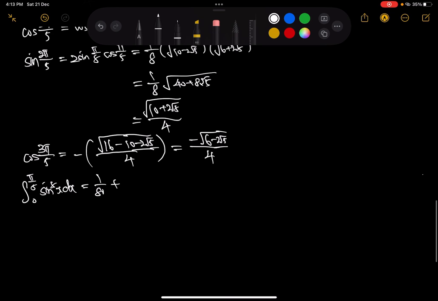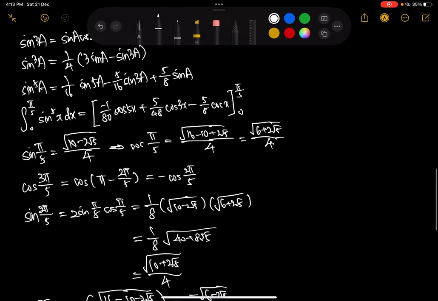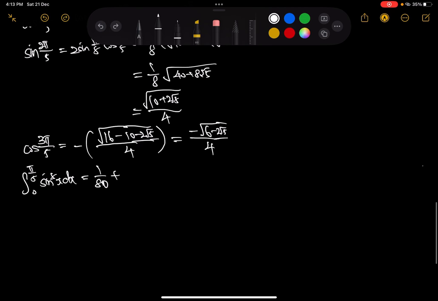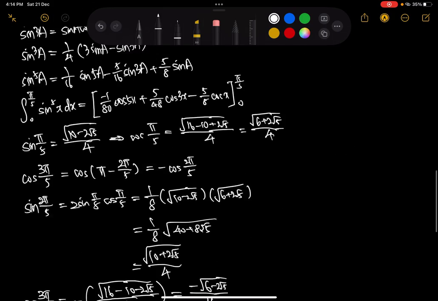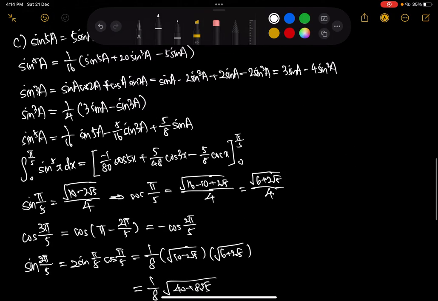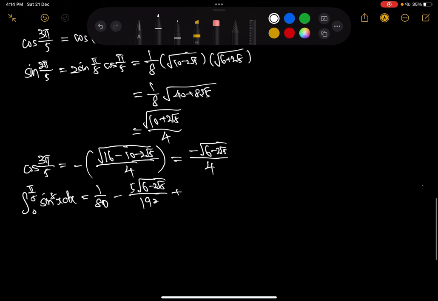So 5 over 48 times this, 48 times 4 should be 192. So we have 5 root 6 minus 2 root 5 over 192 plus, is that plus or minus? Can't remember. That's 5 over 8 cosine pi over 5.